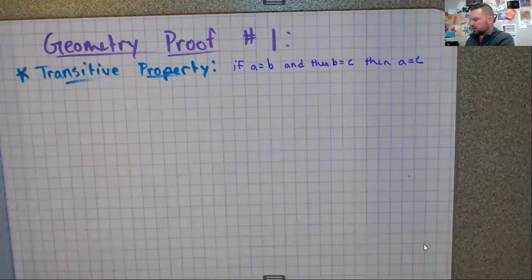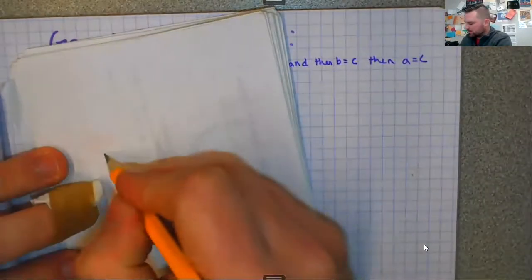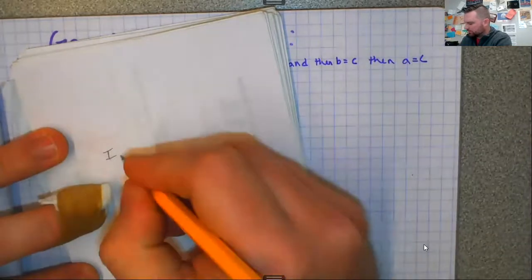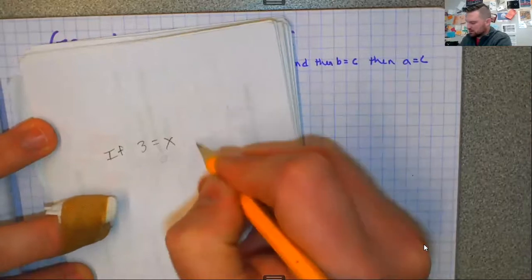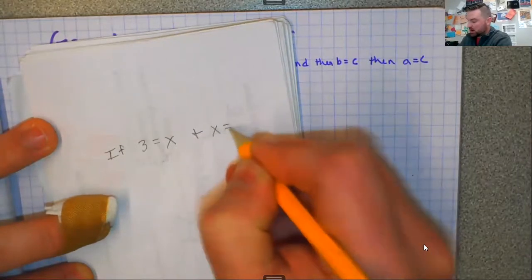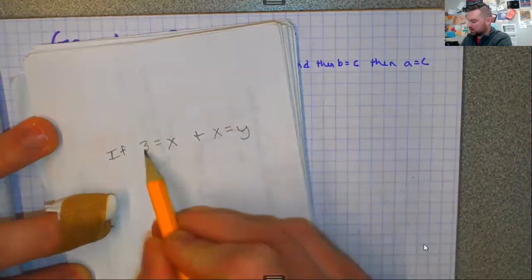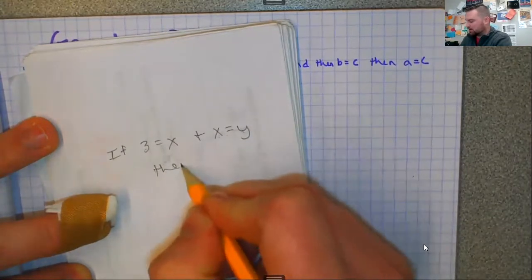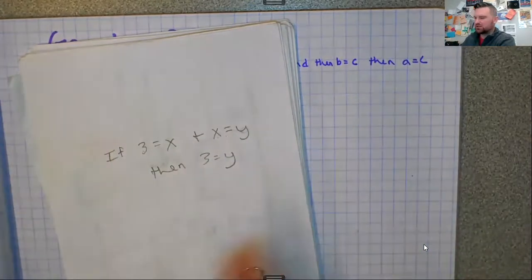Kind of an algebra example here. If 3 equals x and x equals y, so x and y are the same and x was 3, then 3 also equals y as well. So it's linking things together to make sense.